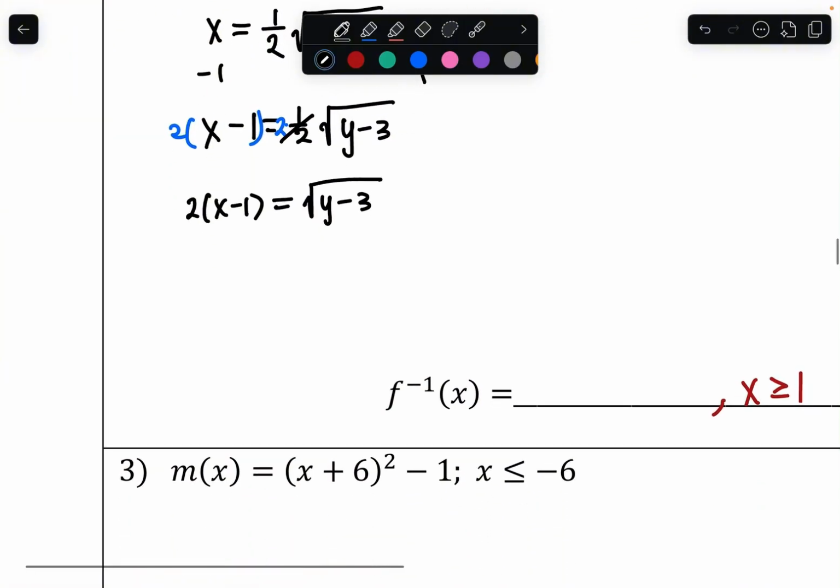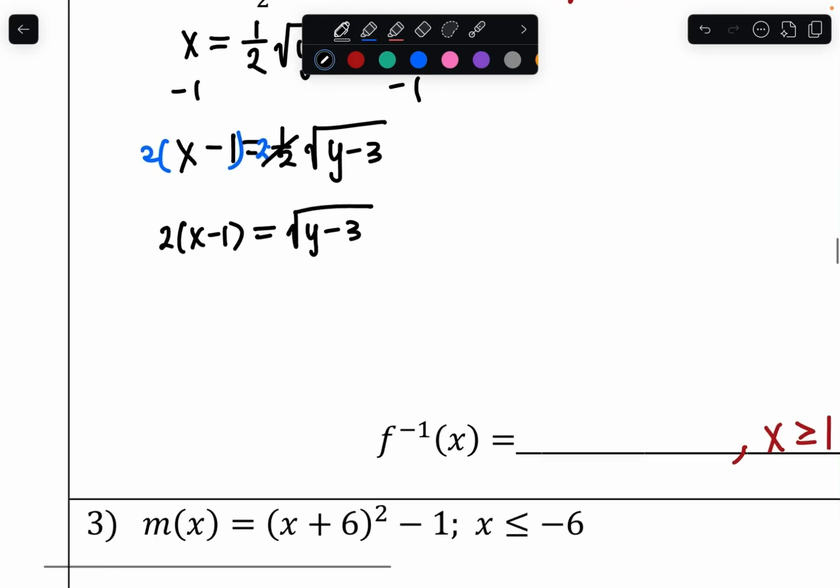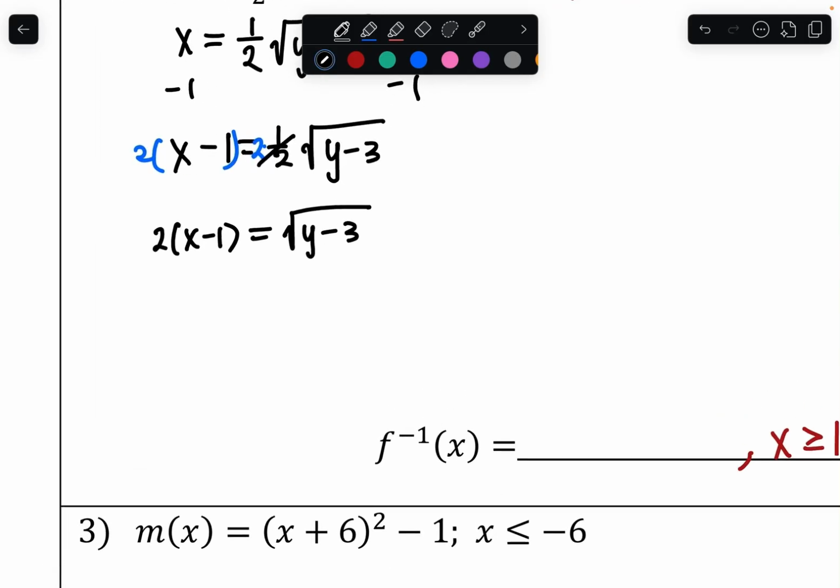And then our next step is to get rid of the square root. Okay, and so we get rid of a square root by squaring both sides, including that 2 outside. And so I'd have double parentheses here.